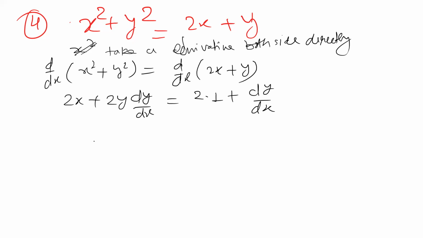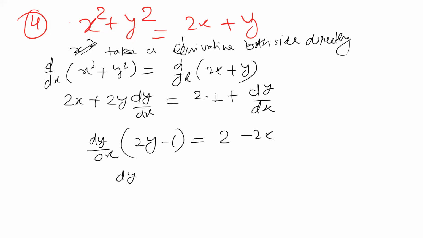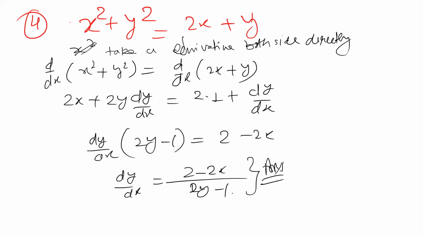And then we want to collect the dy by dx term on the left hand side. (2y minus 1) dy by dx equal to 2 minus 2x, then dy by dx equal to (2 minus 2x) by (2y minus 1). This is my final answer. Okay, so hope you understood how to deal with this type of question.